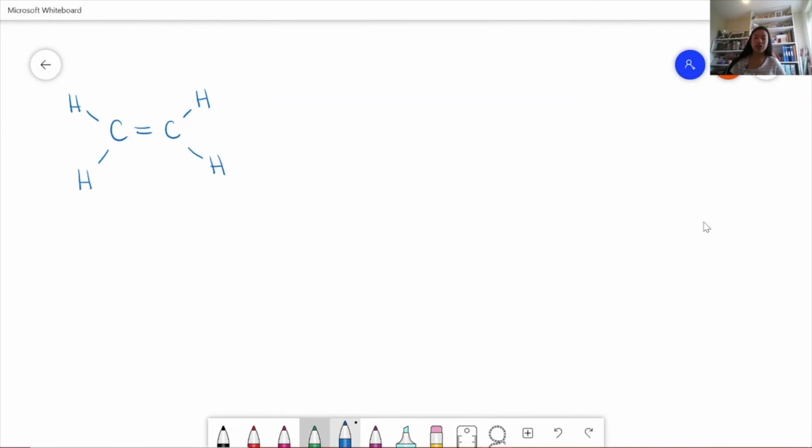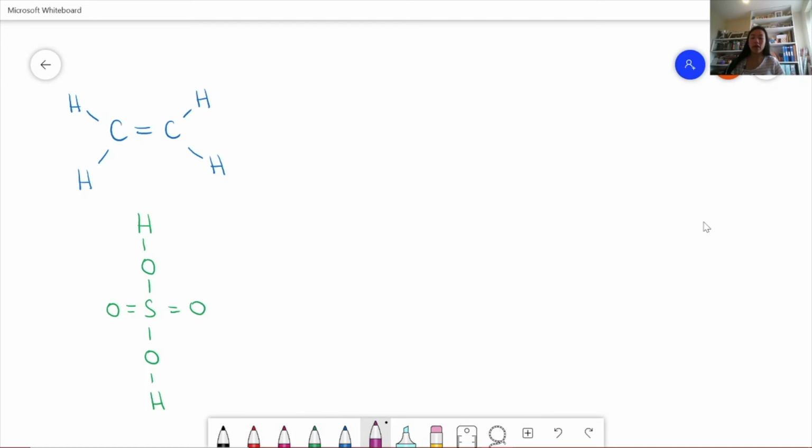So I draw the H2SO4, and we tend to draw the whole thing out: HO, then sulfur double bonded to two oxygens, and then another oxygen and a hydrogen. So this is our H2SO4.